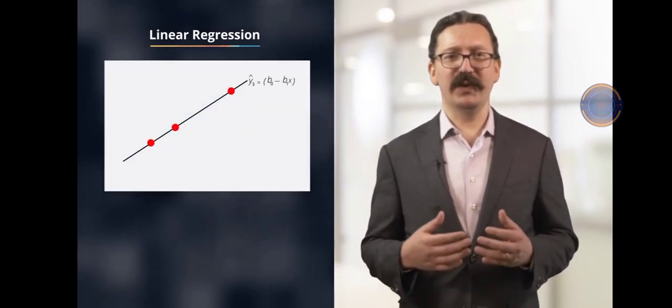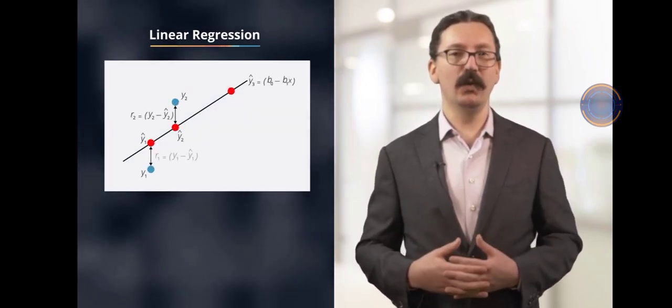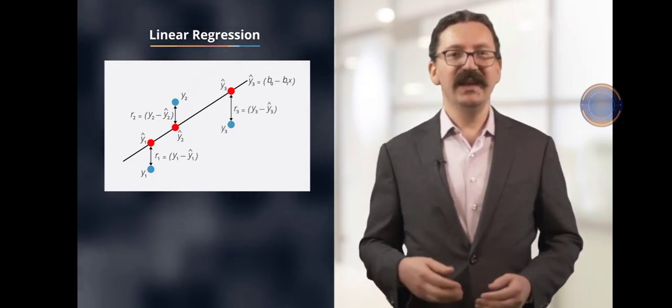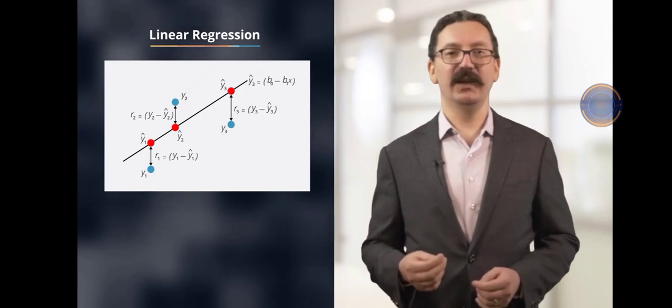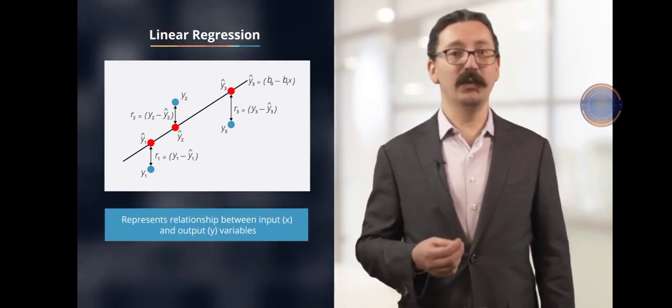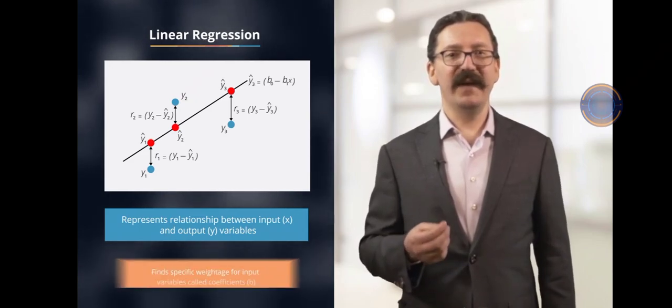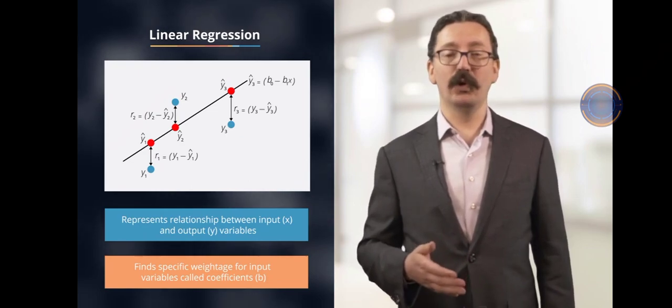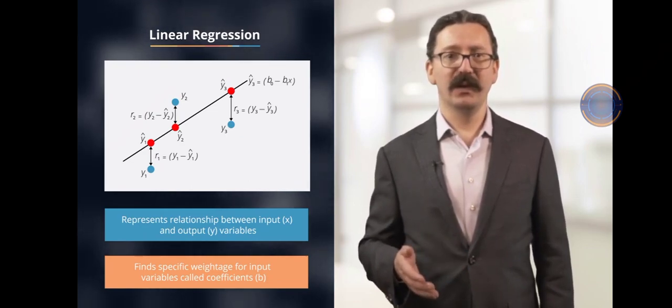Linear regression is perhaps one of the most well-known and well-understood algorithms in statistics and machine learning. It is an equation that describes a line, which represents the relationship between an input x and output y, by finding specific weightage for the input variables called coefficients, b.